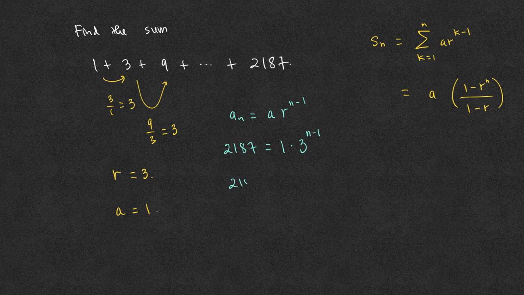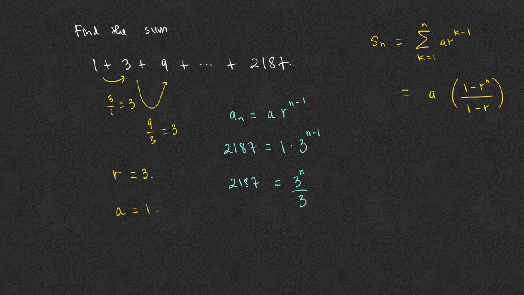This is 2187 equals 3 to the n over 3, because 3 to the n minus 1 is 3 to the n over 3.